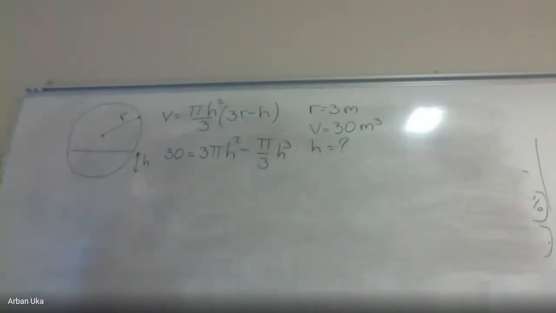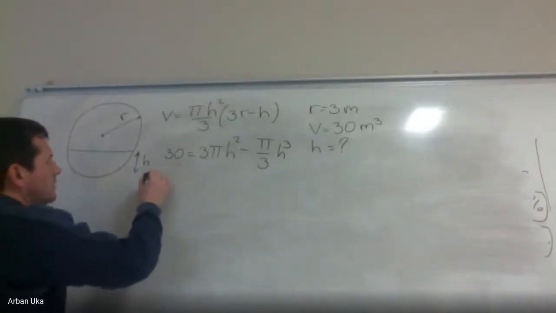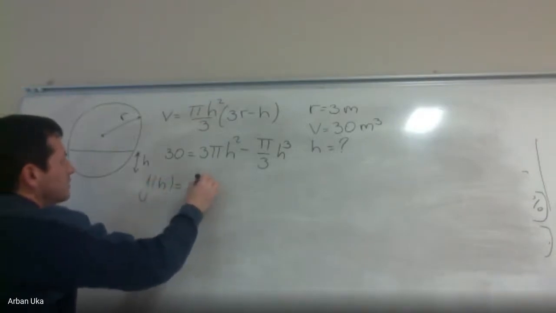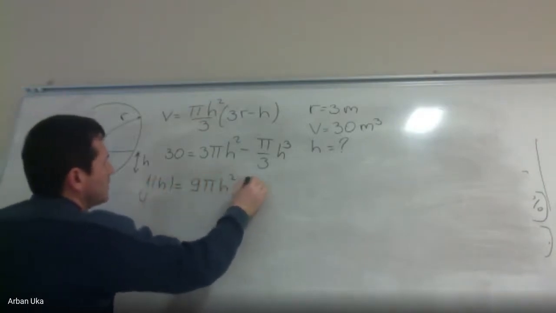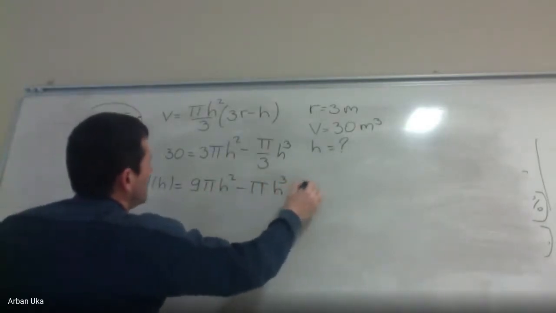Okay, if we multiply by 3 everywhere, we get a function of h which is equal to 9 pi h squared minus pi h cubed minus 90.